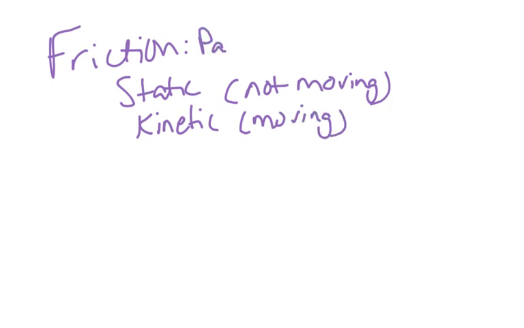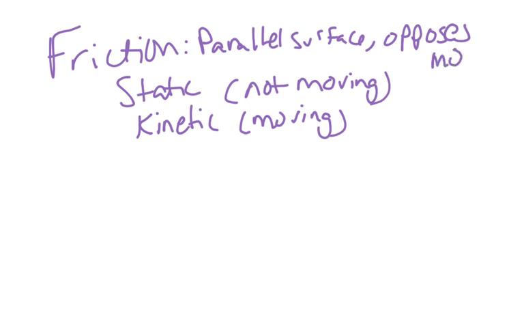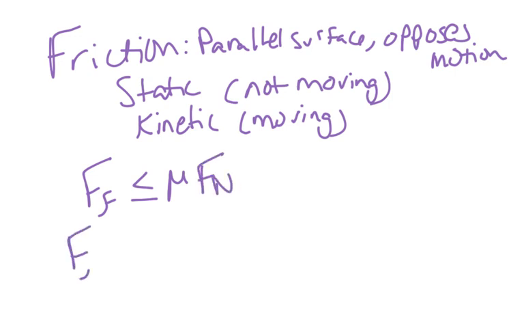Remember that this is always parallel to the surface, and it opposes motion, except for in the case of traction, but we don't talk about that a whole lot. We'll talk about it if it comes up, okay? So static, not moving, kinetic is moving. The frictional force equation on your equation chart says that it's less than or equal to mu times the normal force. The less than or equal to part is for static friction.